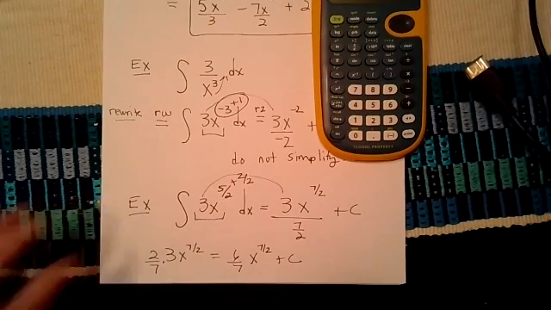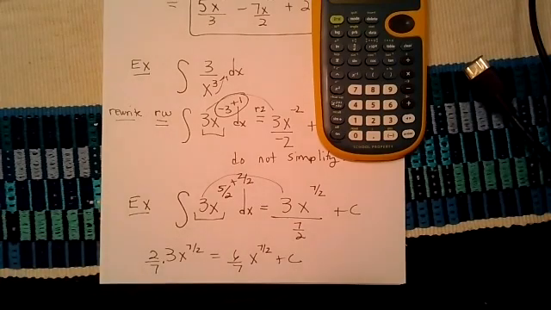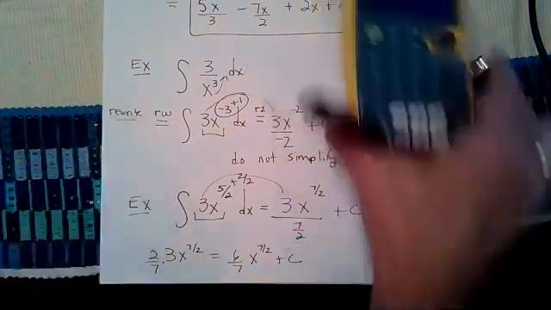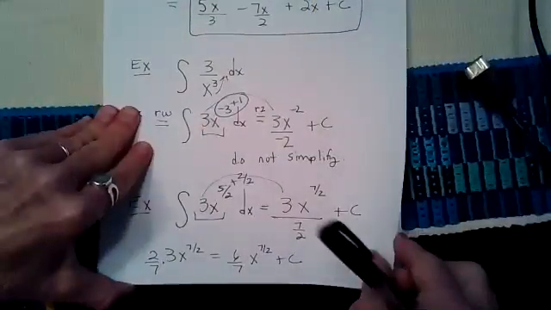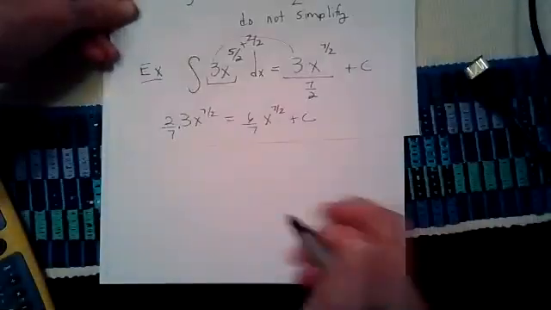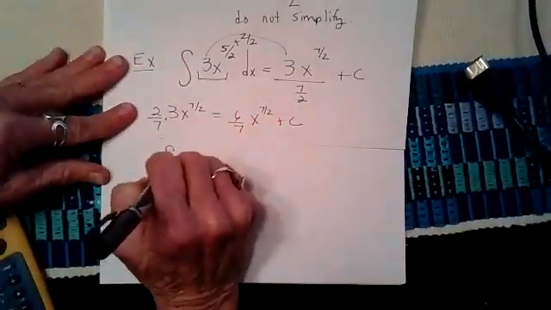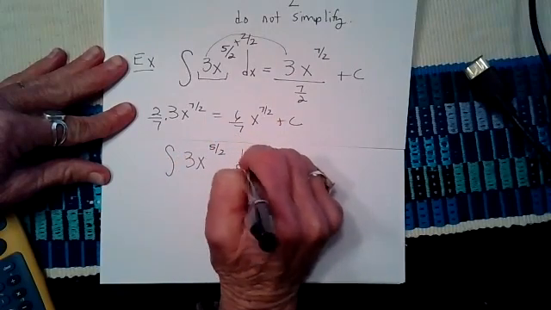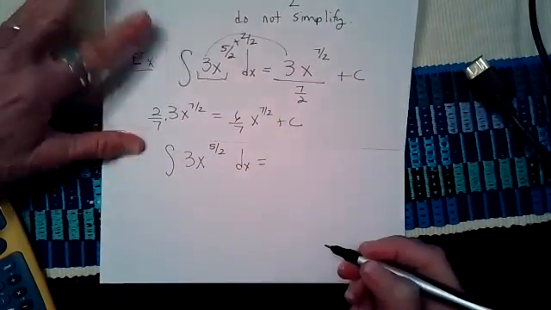Okay. All right, so at this point, you're going, oh my gosh. All right, so let's go back and look at this problem, 3x to the 5/2. Just to show you, I'm a math teacher, right? So I know how to do all this fraction stuff.